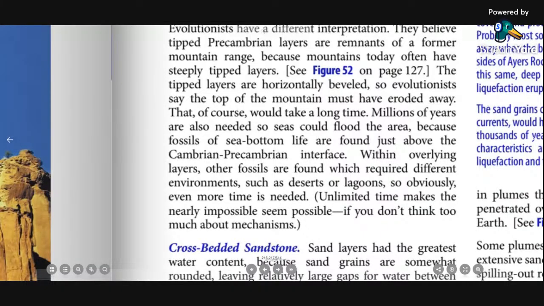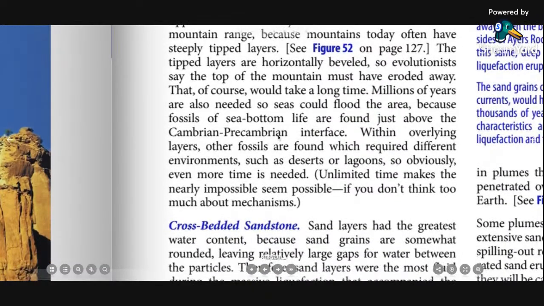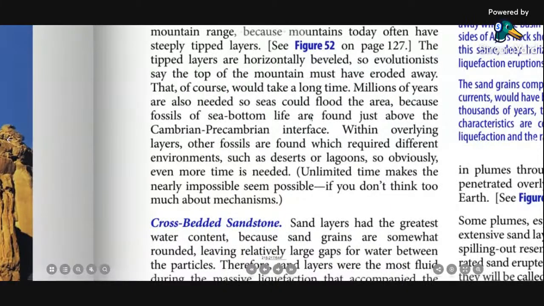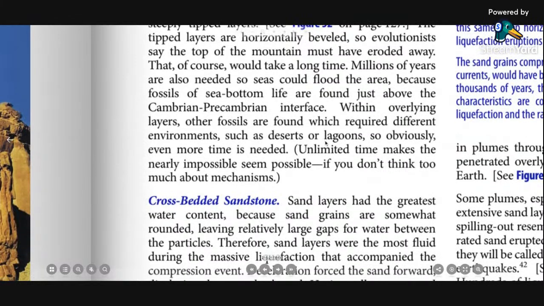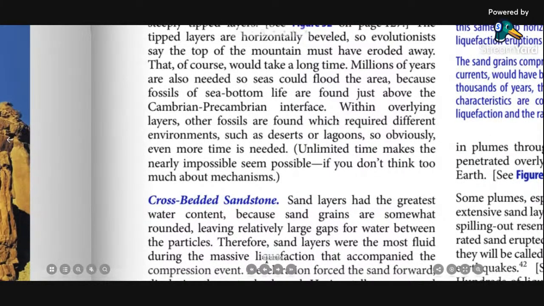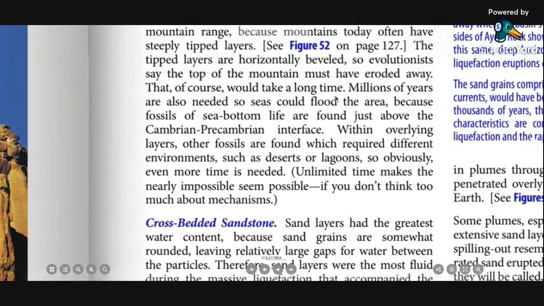Millions of years are also needed, so seas could flood the area because fossils of sea bottom life are found just above the Cambrian-Precambrian interface. Within overlapping layers, other fossils are found which require different environments, such as deserts or lagoons, so obviously even more time is needed. Unlimited time makes the nearly impossible seem possible if you don't think too much about the mechanisms.